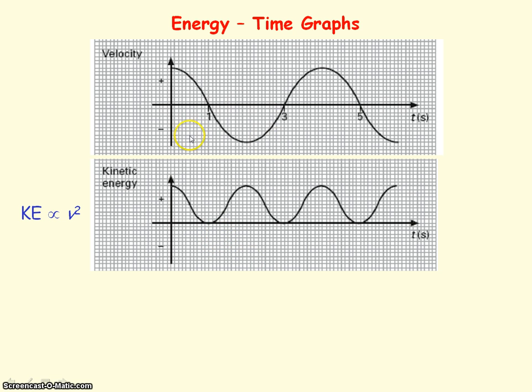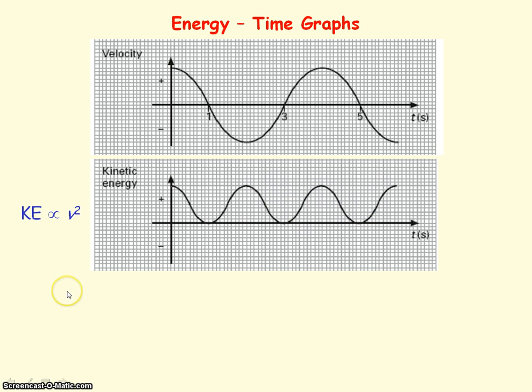So when the velocity is negative, when you square it, you get a positive value. You can see when velocity is maximum, kinetic energy is maximum, and when velocity is zero, kinetic energy is zero. So the velocity time graph is following a cosine shape, and the kinetic energy time graph is showing a cos squared shape.